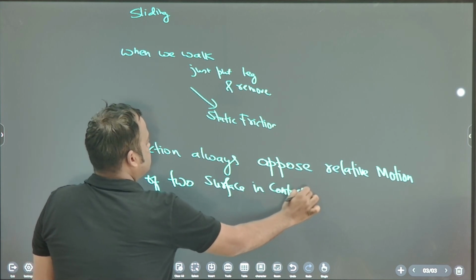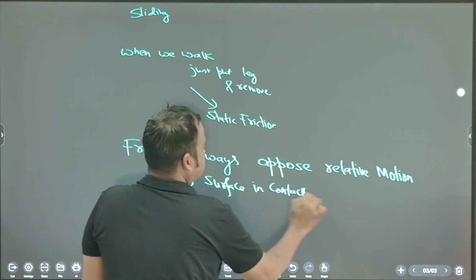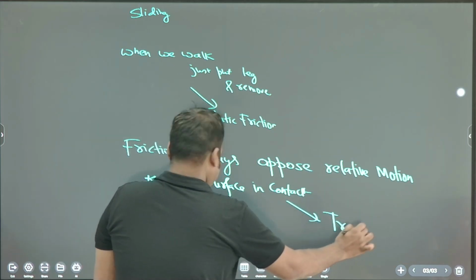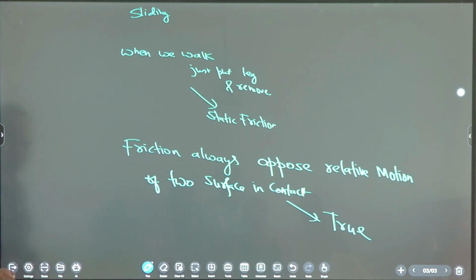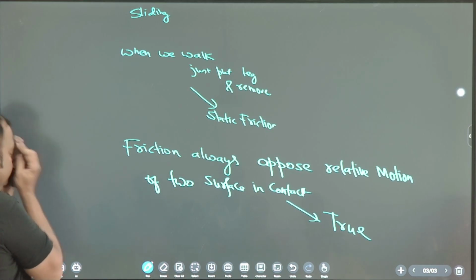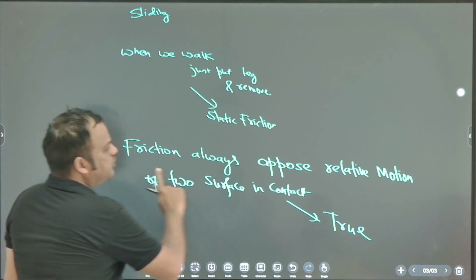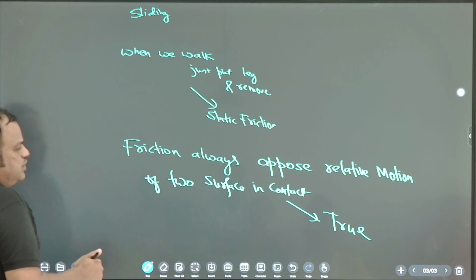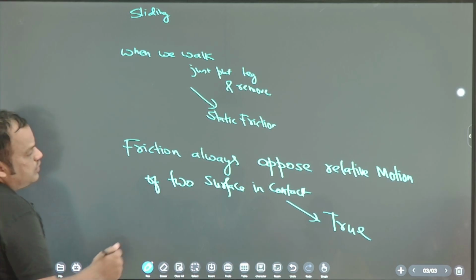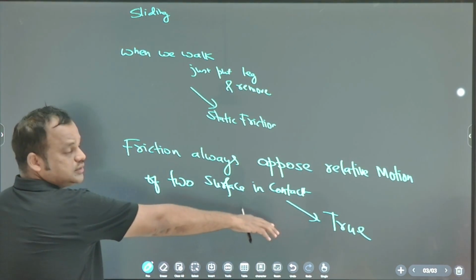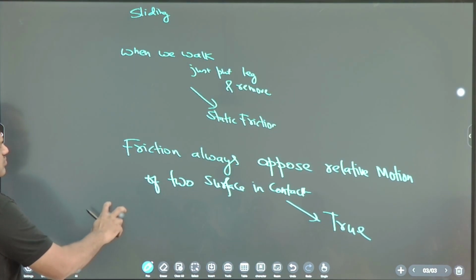So this is always true. Okay, note down. Friction always opposes relative motion. True or false? True.